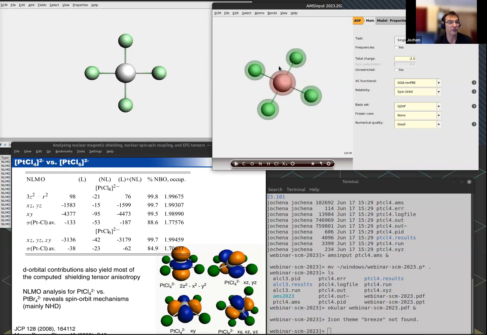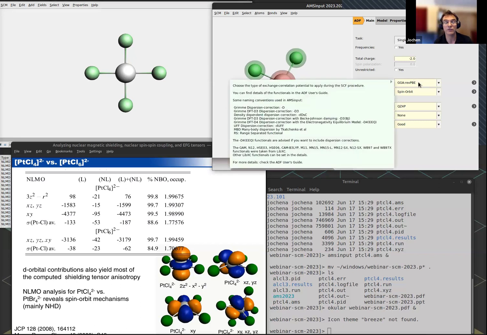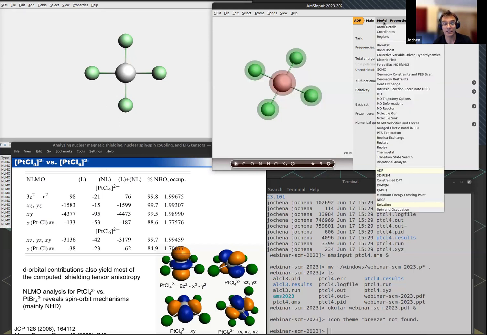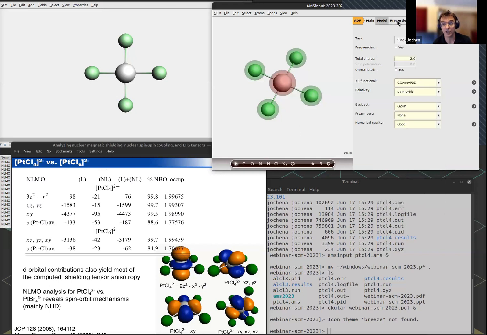Therefore, the graphical interface shows these two different regions here in which the basis sets are defined. This is an FPBE calculation, spin orbit, and there's a solvation model applied because the measurements are in solution.